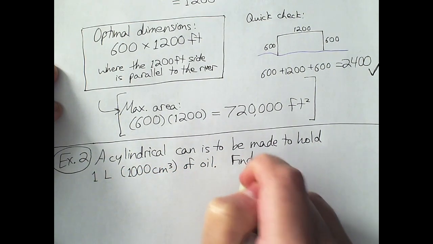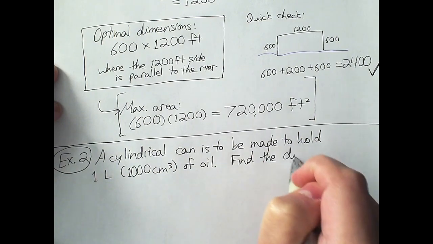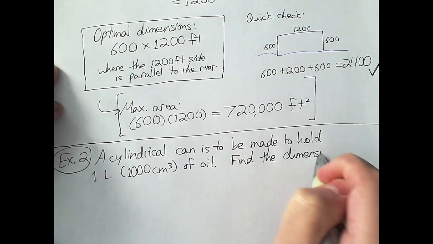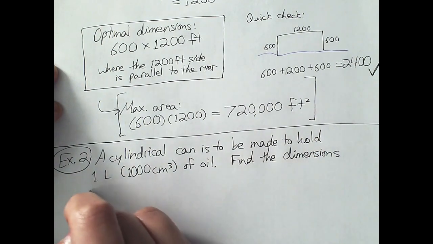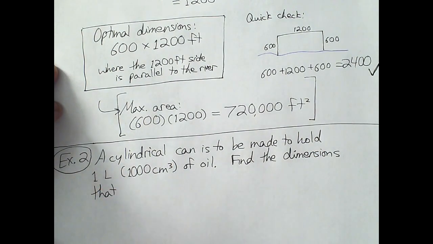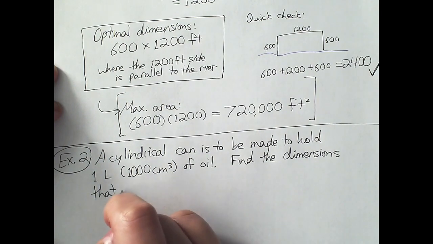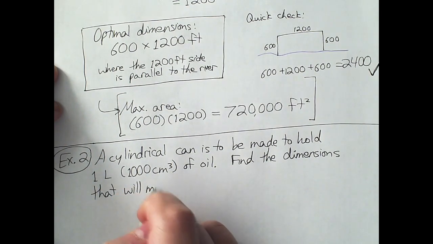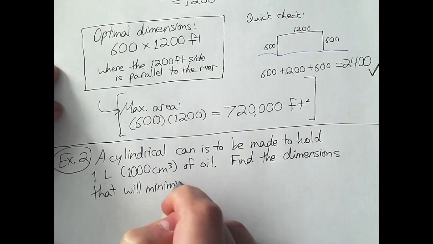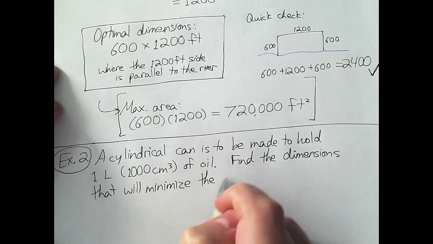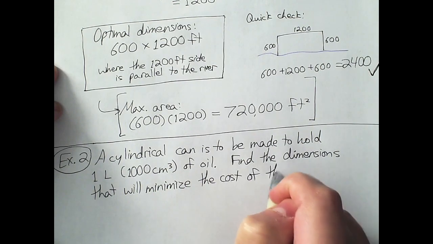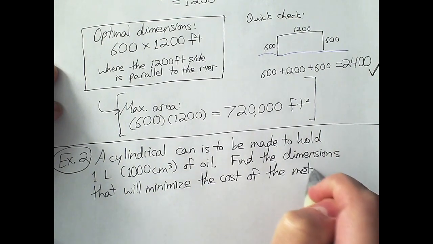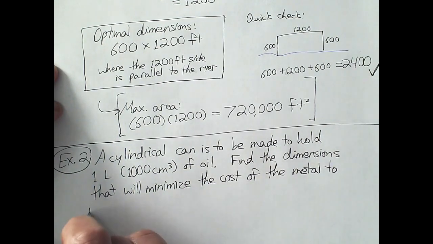Find the dimensions. I guess a lot of these are like find the dimensions problems. I guess those are the ones that I like. Find the dimensions that will minimize the cost of the metal to manufacture the can.